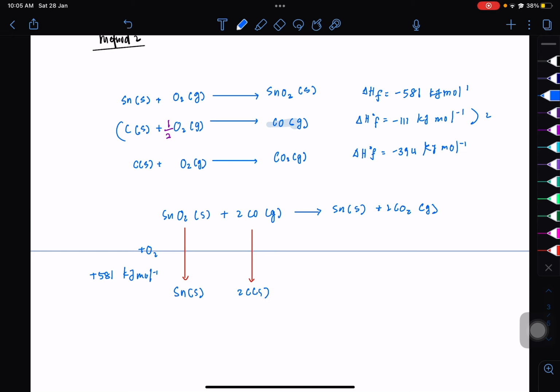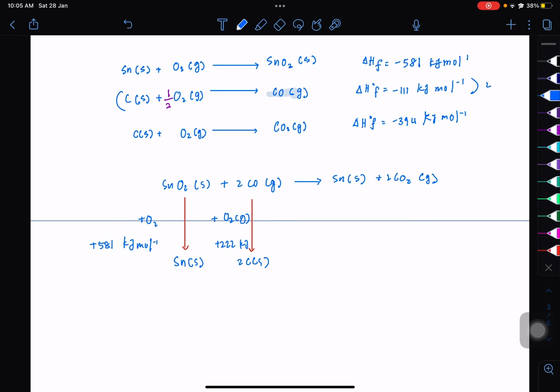Carbon in solid plus 1 oxygen in gas, and your enthalpy should be 2 to 2 kilojoule. The next is stannum, tak payah nampak sebab dia in solid, no need. You just see your carbon dioxide di sini. Equation yang ketiga ada carbon dioxide, and dia terhasil daripada carbon. So ke sini.